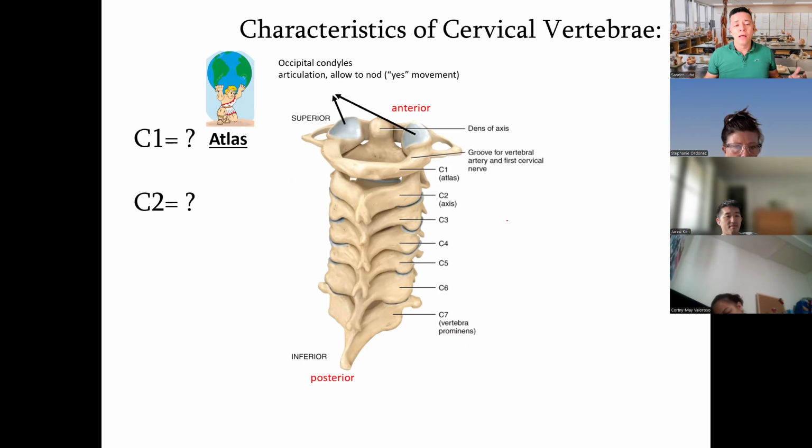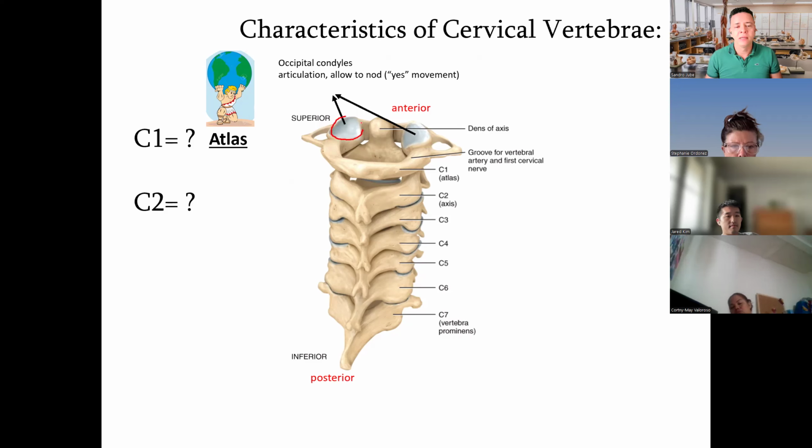Now, what the atlas, the C1, is doing is holding our skull. Remember that we have the occipital condyles of the occipital bone, which are flat surfaces. They will articulate right here with the atlas.